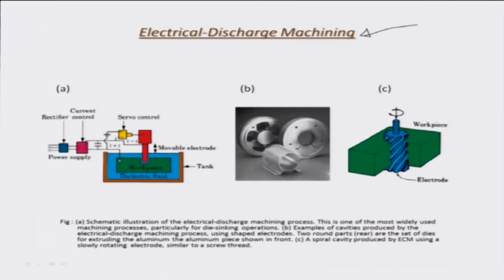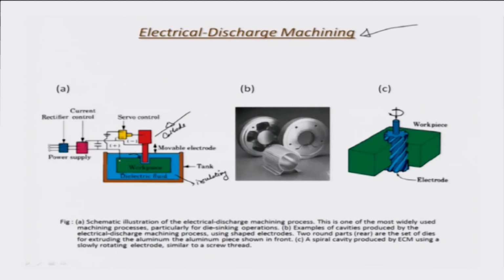So, just a brief summary of what this process is about. There is an electrode, which is mobile in nature, and it is basically the cathode, and the workpiece is made the anode here, and instead of putting an electrolyte or an electrochemical agent here, you put an insulating dielectric fluid.